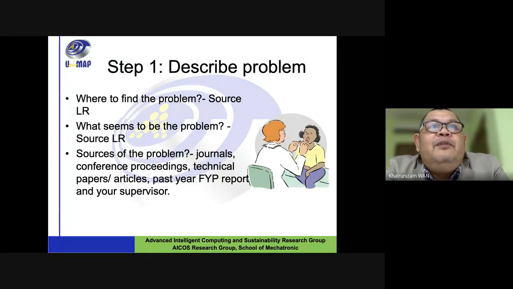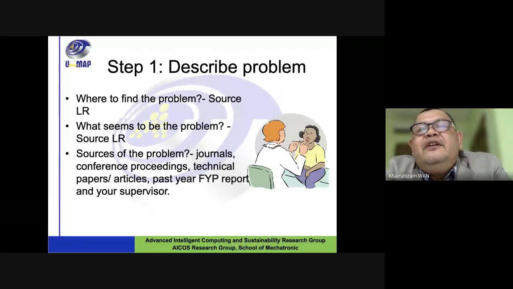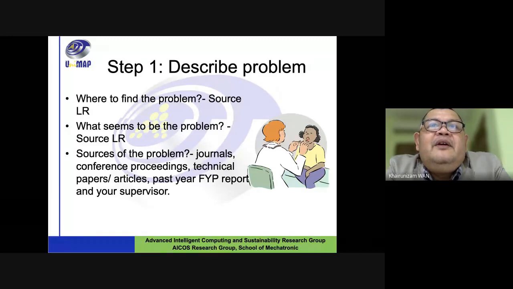So describe the problem. Where to find the problem? You are now in the final year and you want to start your final year project. The first thing that you have to do is describe the problem. The problem could be found from the literature search, from articles published by previous researchers.